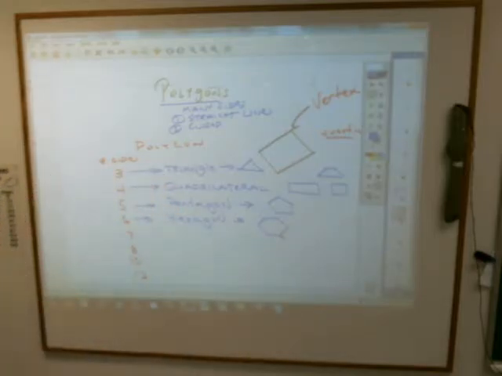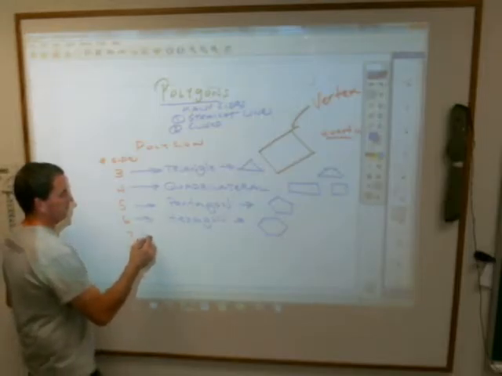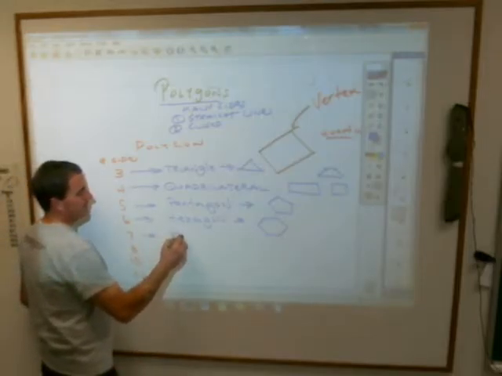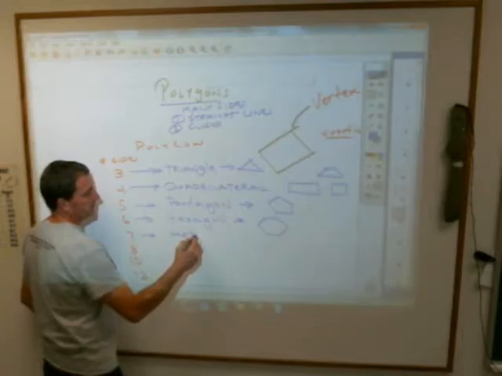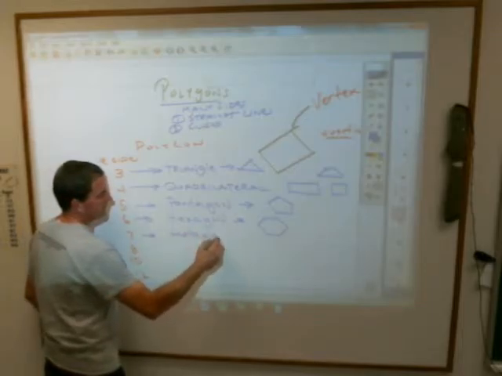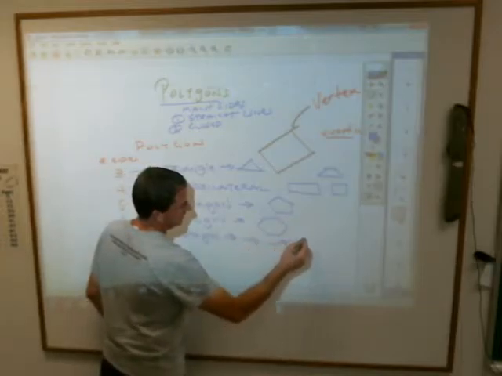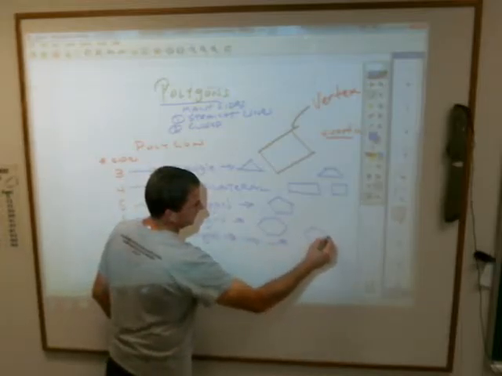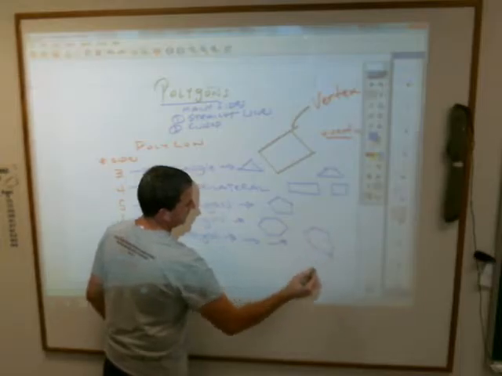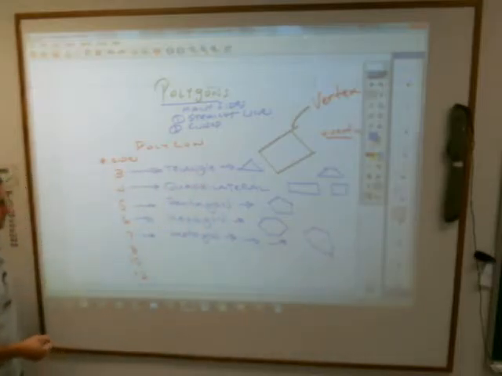A 7-sided shape. If you're looking in your book, would you know this? That's a heptagon, H-E-P-T-A, heptagon. I don't even want to draw one of those. 1, 2, 3, 4, 5, 6, 7, something like that.